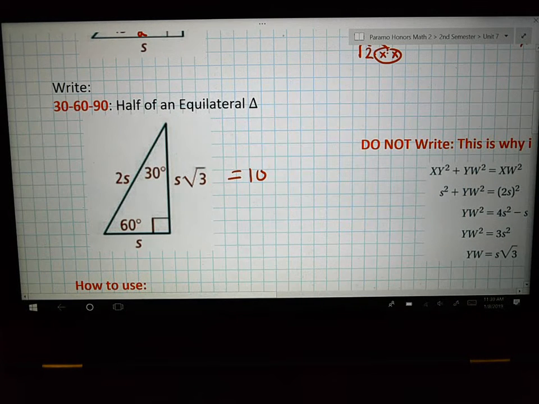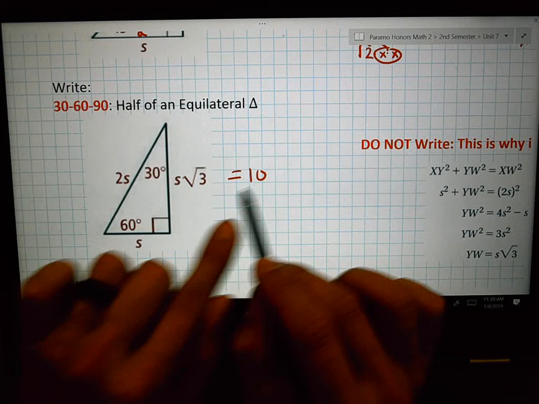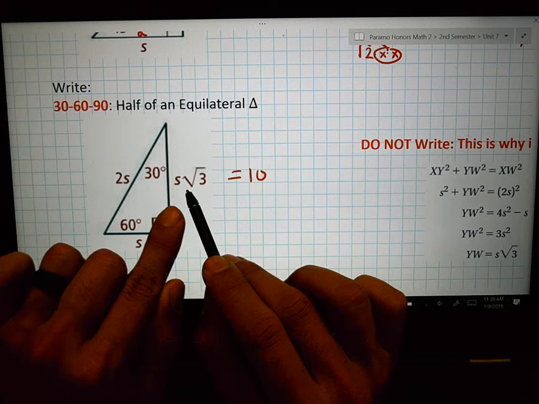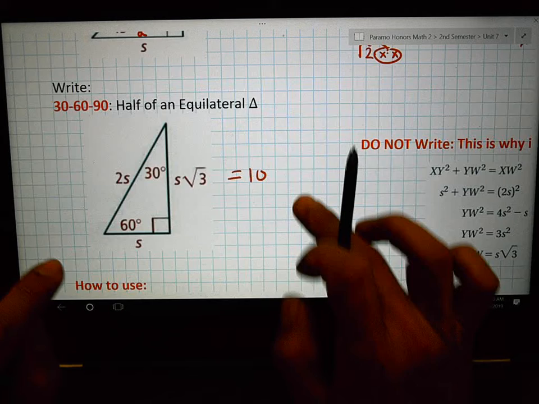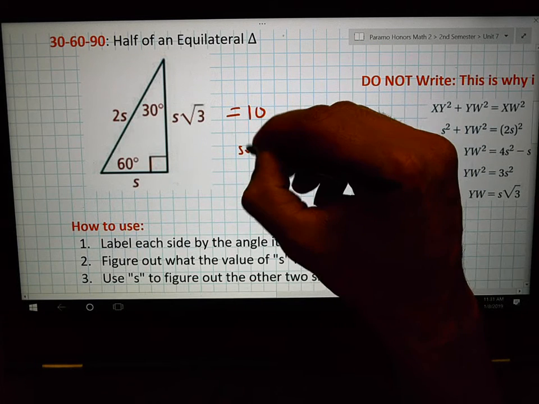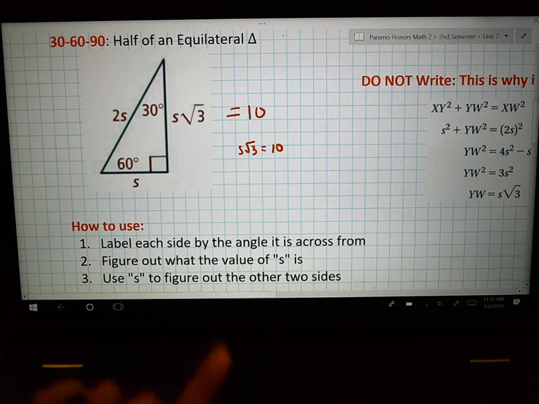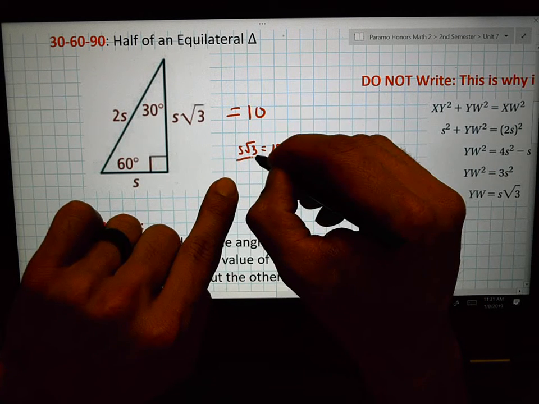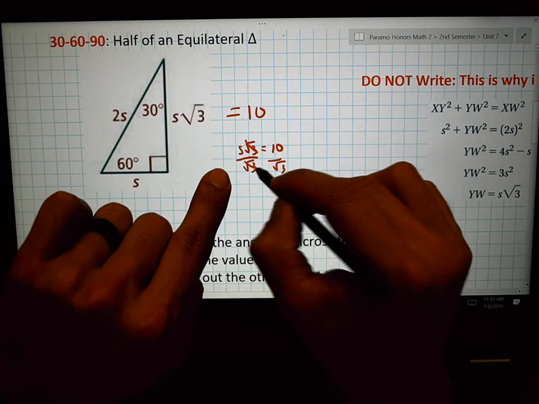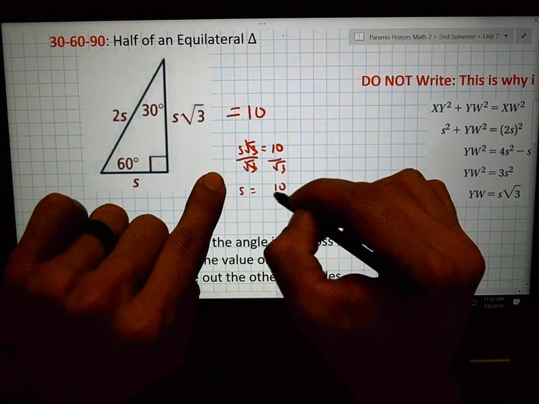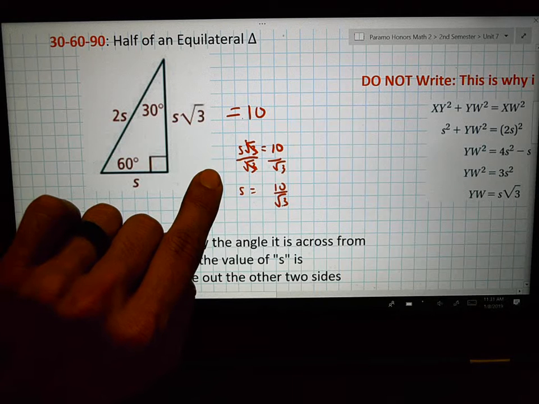Sometimes what they're going to do is they're going to throw in a number that is on the root 3 side. And so if I throw in that this whole number is on the s root 3 side, then what you're going to have to do to figure out what s is, you're going to have to set up a little equation. You're going to set up something like s root 3 equals 10. And sometimes to get s by itself, you have to divide by a root 3. If that's what you have to do, this is the reason why you learned how to rationalize something back in unit 0.2.